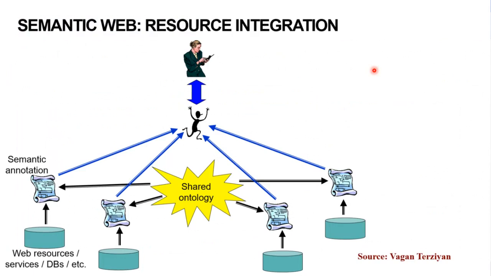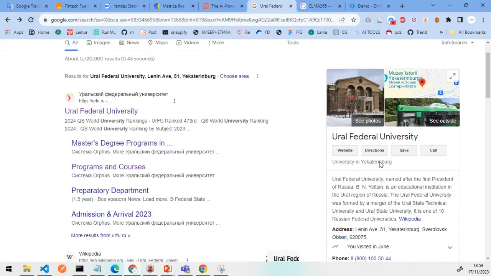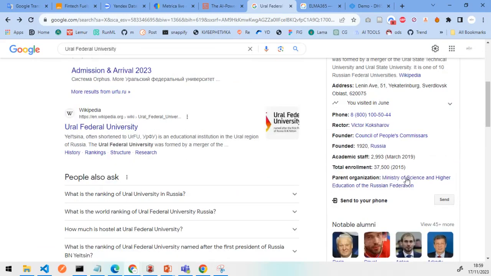The semantic web has that concept whereby the web is not just web pages, but web pages can contain information or data that can be extracted, linked and connected. So we have the concept of the linked web. Basically, there are links between web pages or between data on websites. That's why we see this information available to us.